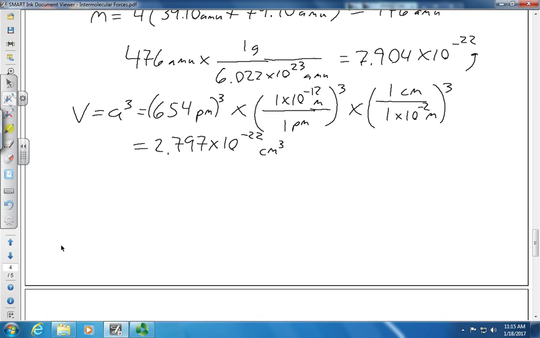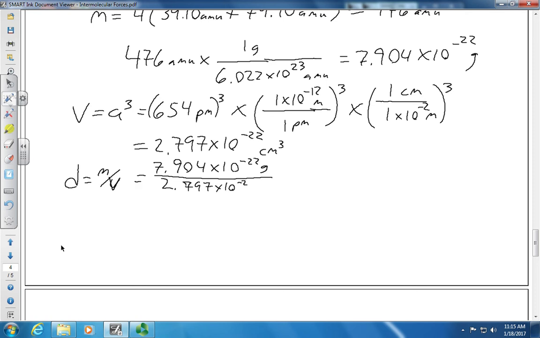You recall, density is equal to mass over volume, which is going to be 7.904 times 10 to the minus 22 grams over 2.797 times 10 to the minus 22 cubic centimeters, which will give us a density of 2.83 grams per cubic centimeter. And that is all there is to it.